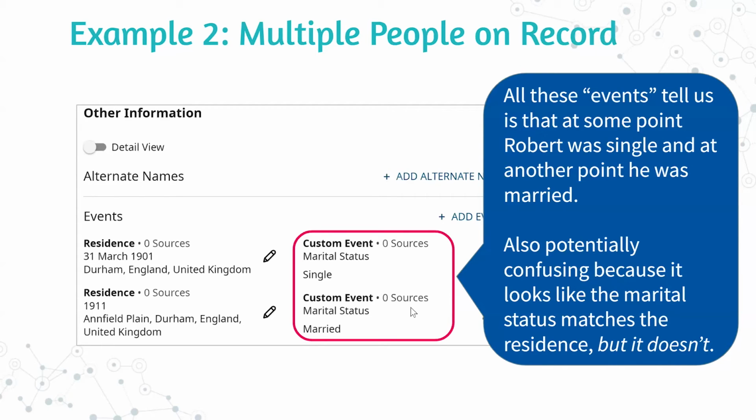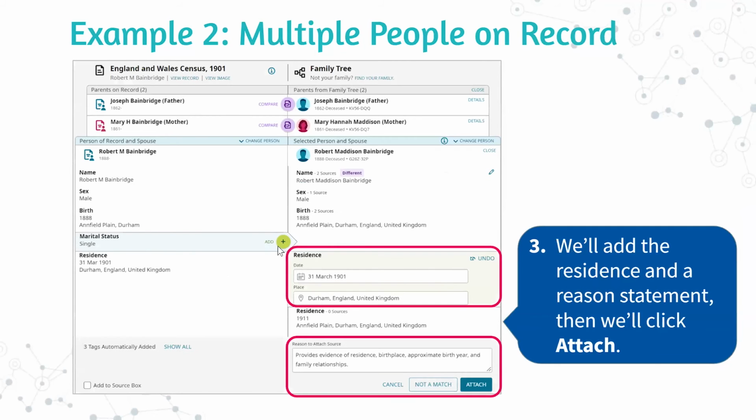So not only is this confusing, but it's redundant of what's in the sources. So as a user, I would much rather look at the marriage source and at the family relationships in the family section rather than having this questionable information here that just clutters the screen. Again, that is just my opinion. There's nothing wrong with adding this if you feel that adds value.